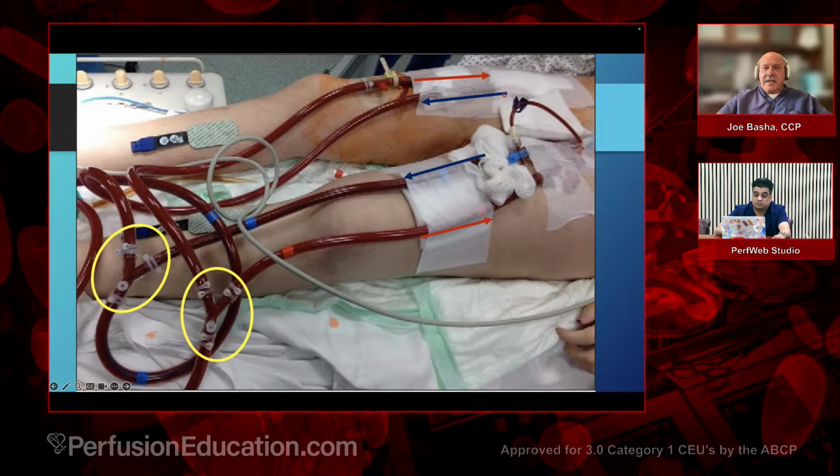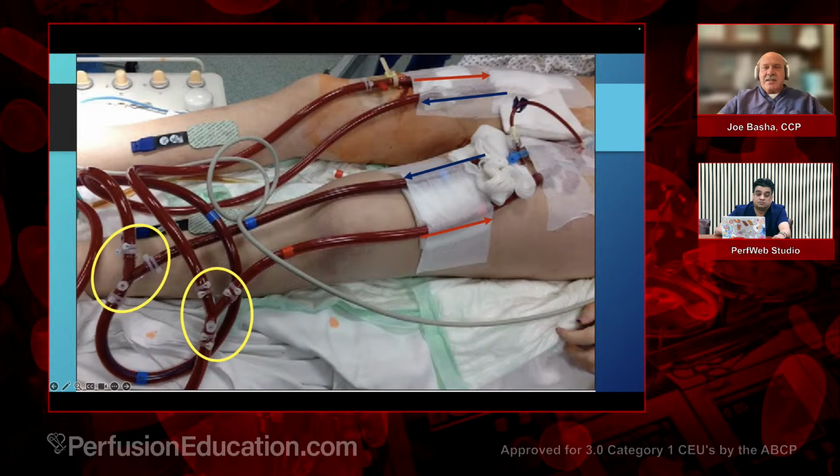Okay, both are medial, both are draining, both are in veins. So you have both sides draining, and you have the arterial. Here's your Y connector. The return's coming this way, and it's going into this artery, and it's going over here into this artery.